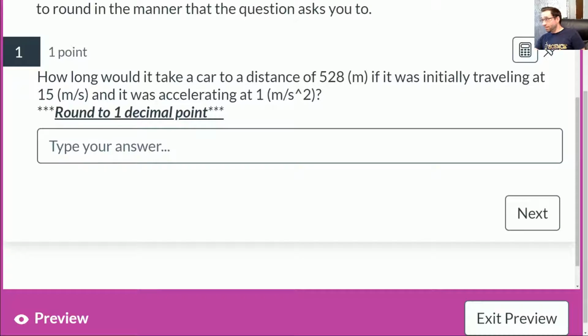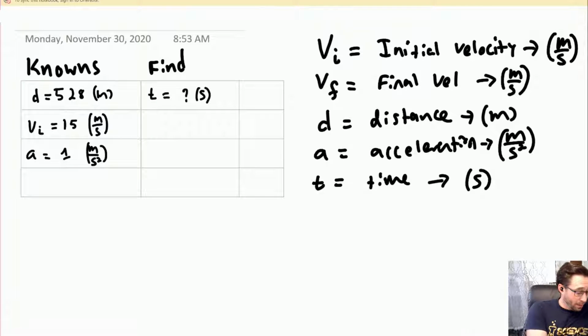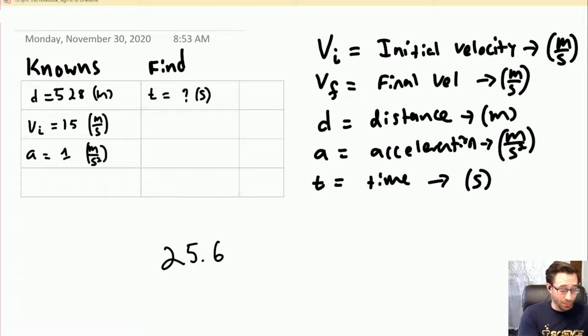All right. So in this problem, it says round to one decimal point. Okay. So when we write the answer, I want to make sure that everybody knows how to round properly. So if I've got 25.63, and I want to round to one decimal point, what should that round to? 25 point what?